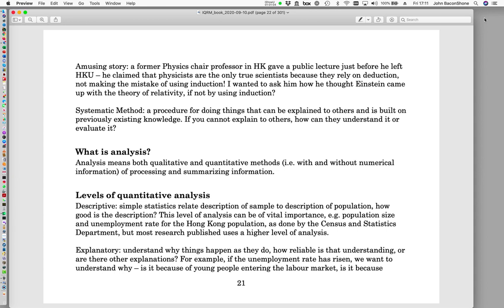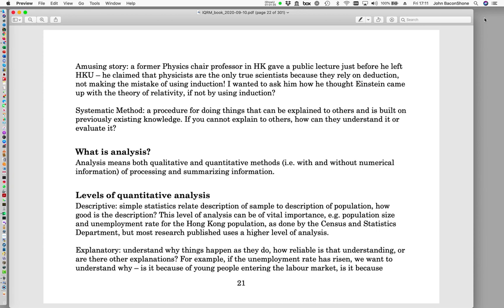So for example, population size. The government just released new predictions of the population size in Hong Kong for the next 50 years, I think. This is clearly very important because if we want to know how much housing we need in Hong Kong, clearly we need to know how many people are going to live here. If we want to know how many schools we need in Hong Kong, clearly we need to know how many people of school age there are going to be in Hong Kong.